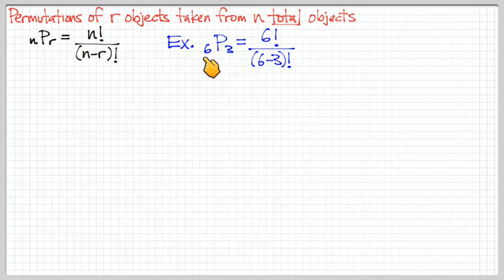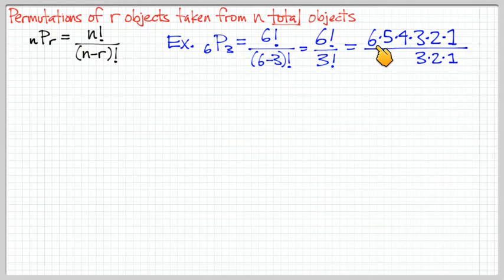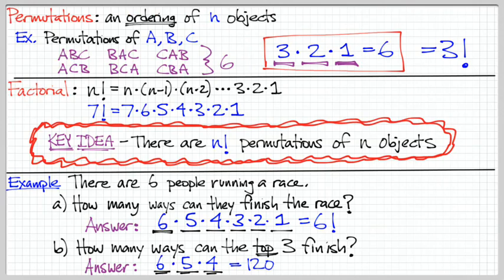So here's an example, 6P3, 6 permute 3, so 6 factorial divided by 6 minus 3 factorial, which is equal to 6 factorial over 3 factorial, which we can expand out now. 6 times 5 times 4 times 3 times 2 times 1 divided by 3 times 2 times 1, and these will cancel out, so we're left with 6 times 5 times 4, which is another way of writing out this previous case over on the last page.